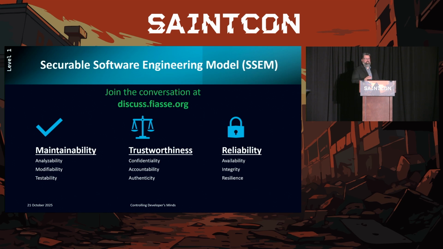If it's not doing this, what problems can it cause? And when you're doing threat modeling, you might ask what can go wrong, and when you try to answer the question, what can we do about it, consider the SSEM and see what attributes you could emphasize in order to fix that problem.